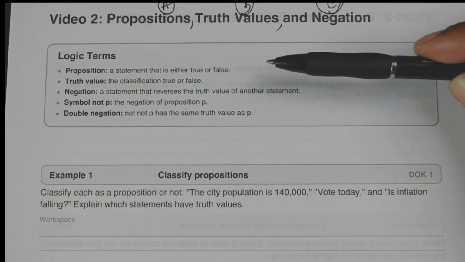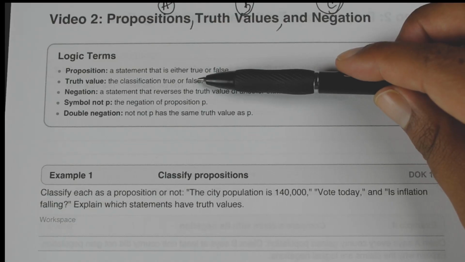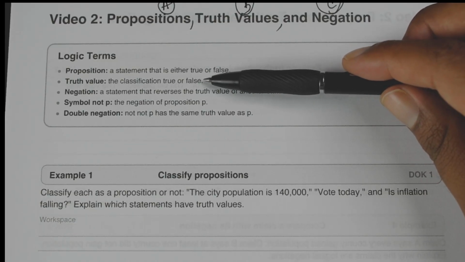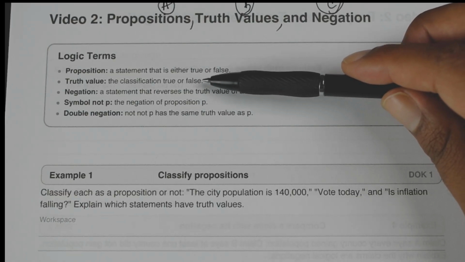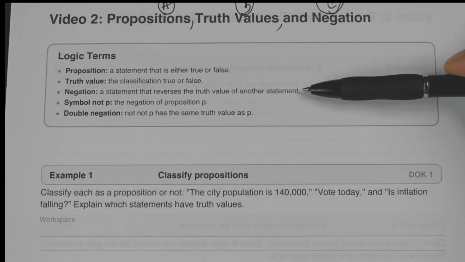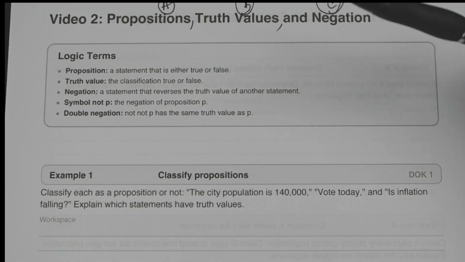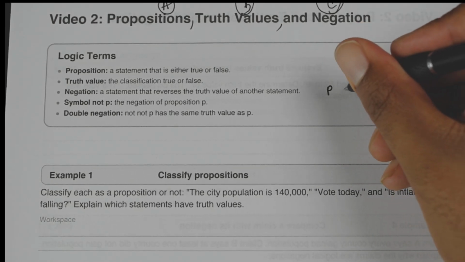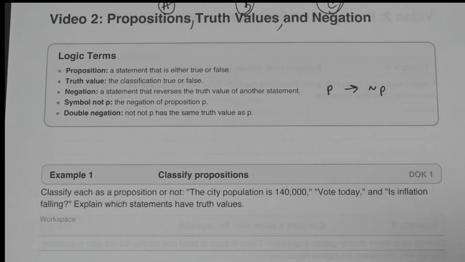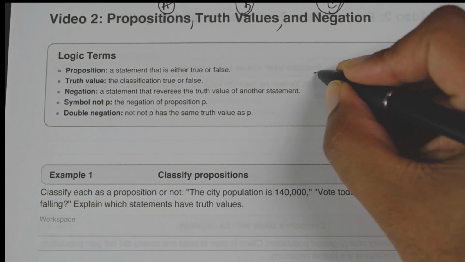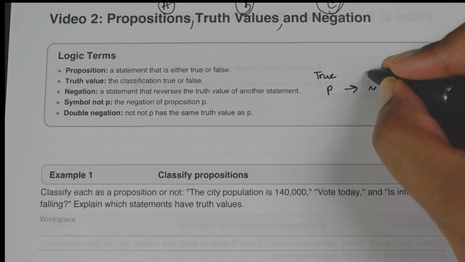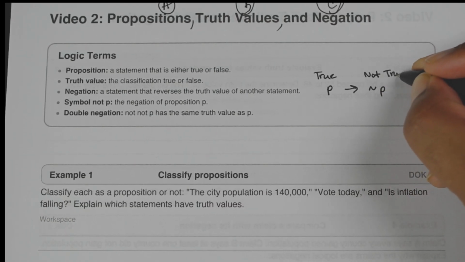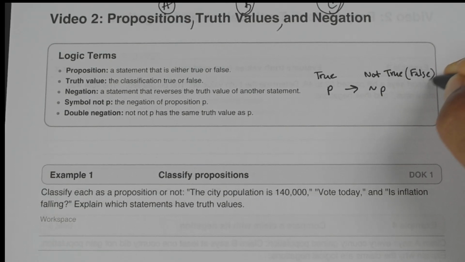Okay. So a truth value is simply the classification of true or false. A negation is a statement that reverses the truth value of another statement. So if the original statement is represented by, for example, P, then the negation would be not P. So if this was true, the negation would be not true, or essentially false.